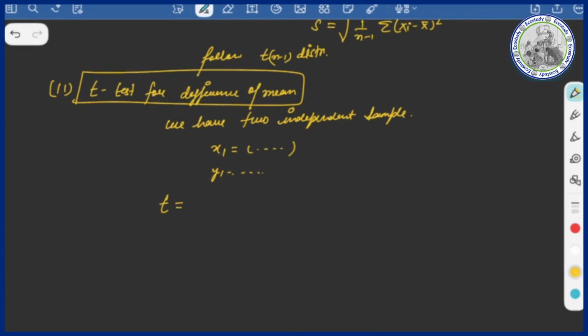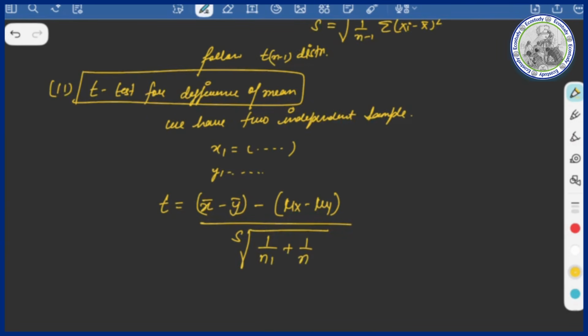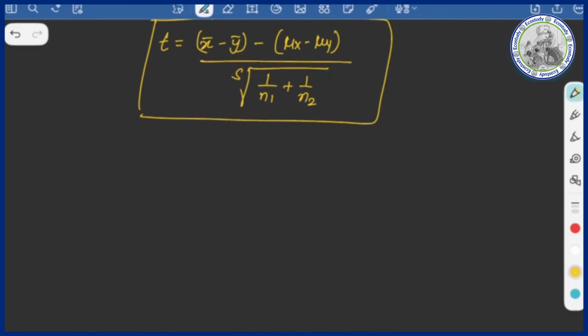So I just write the test statistic: x bar minus y bar minus mu x minus mu y, divided by s times the square root of 1 upon n1 plus 1 upon n2. So this is your T statistic for the difference of the two means.